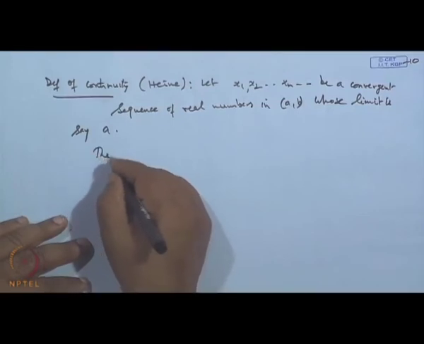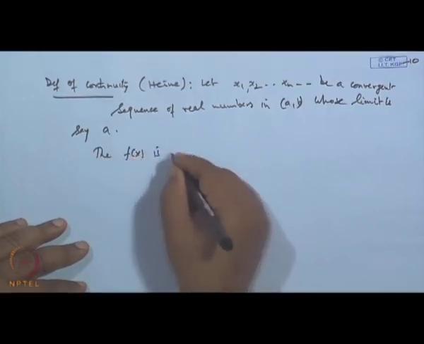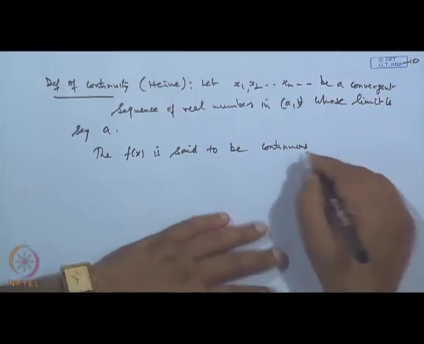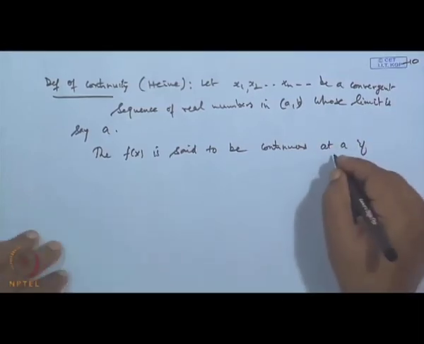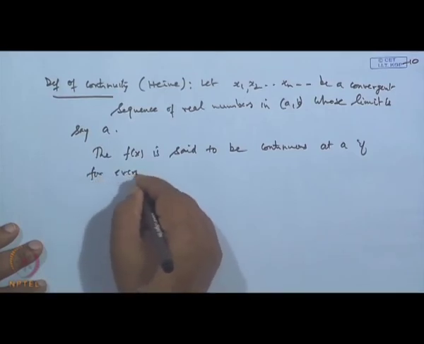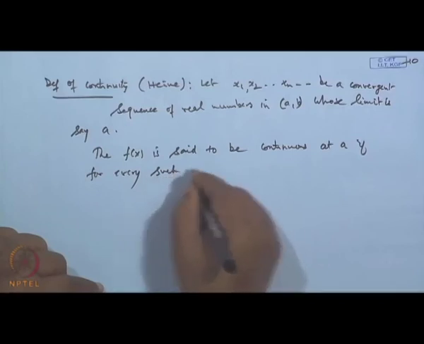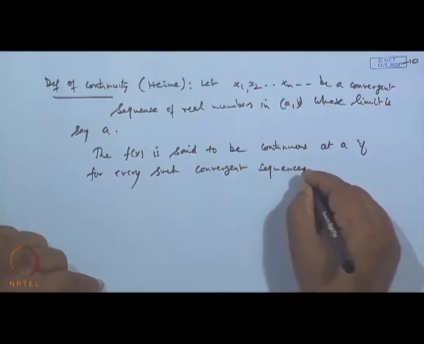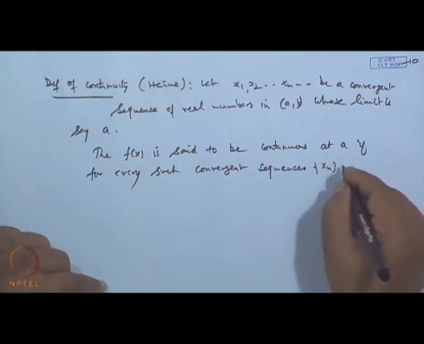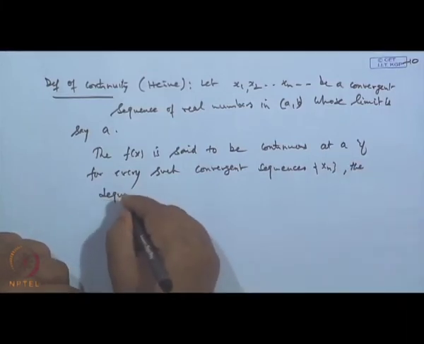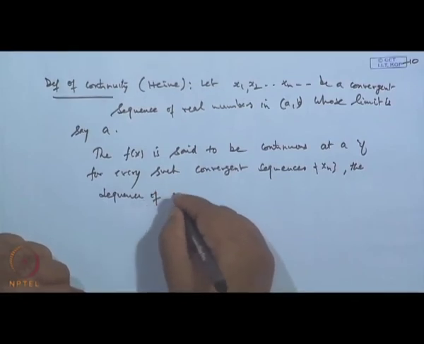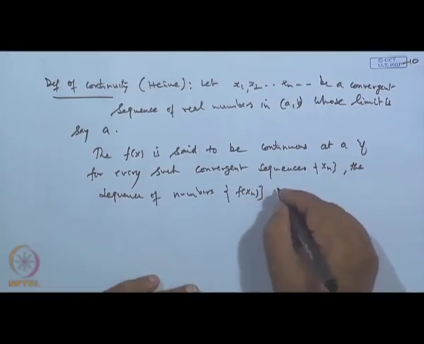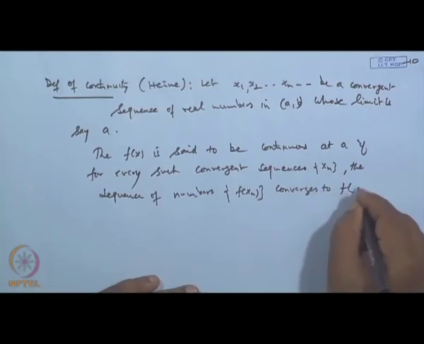The function f(x), by definition, is said to be continuous at a point a if for every such convergent sequence xn, the sequence of their functional values, f of xn, which is a sequence of real numbers, converges to f of a.